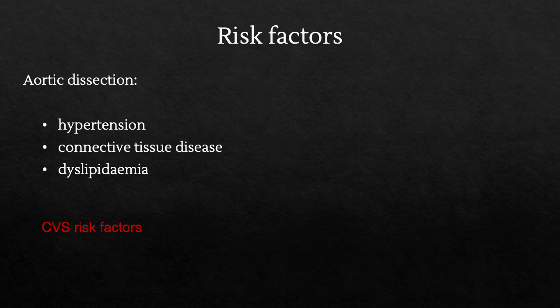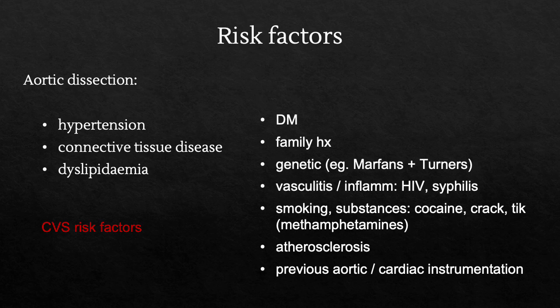Patients with acute aortic dissection have pretty standard cardiovascular risk factors, like diabetes, having a family history of AAA or aortic disease, genetic diseases like Marfan's or Turner's, vasculitis or inflammatory conditions like HIV, syphilis, smoking, substances like crack cocaine, tik, so our very typical methamphetamines like we have in South Africa, but anything that can cause atherosclerosis.